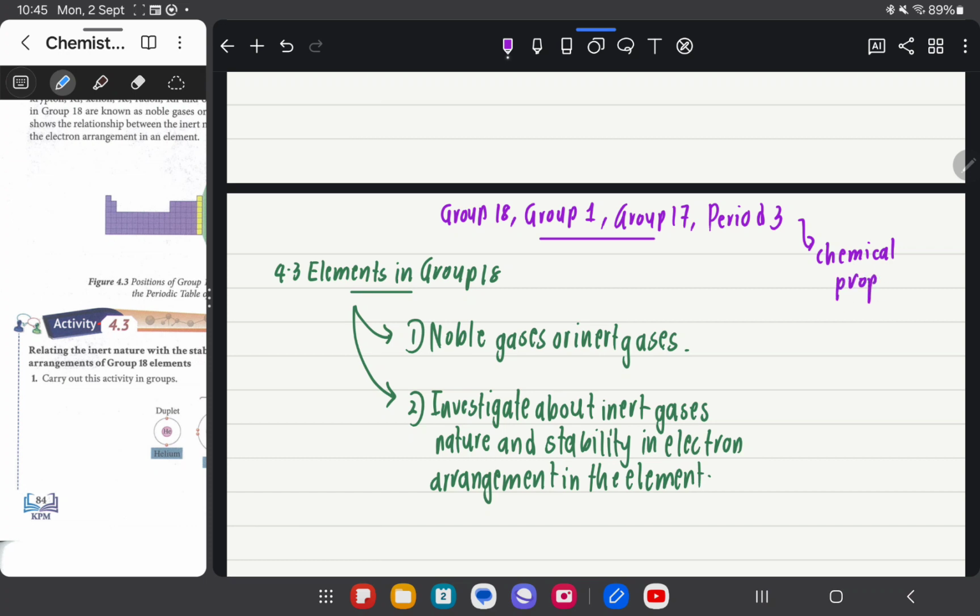Why am I saying chemical properties? Because the chemical properties determine the reaction. The chemical properties are the core element for the reaction to occur. If the chemical properties don't fulfill the requirement for the reaction to occur, then the reaction won't occur. That is the basic thing you should know for these 4 things.